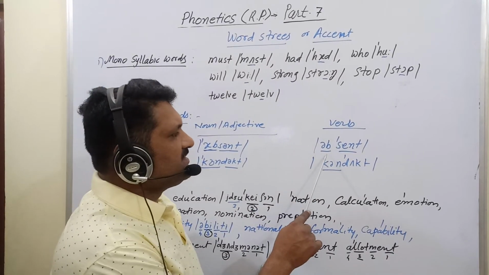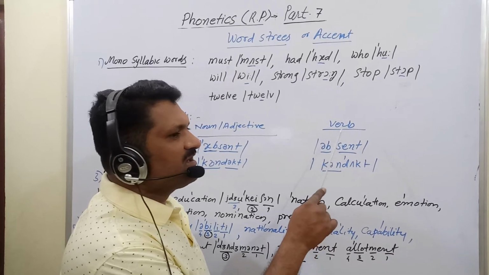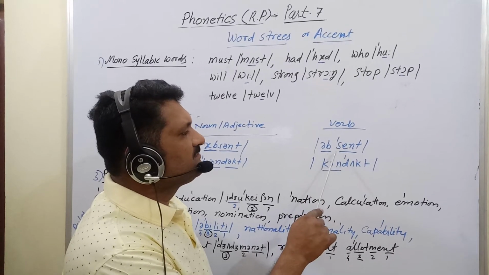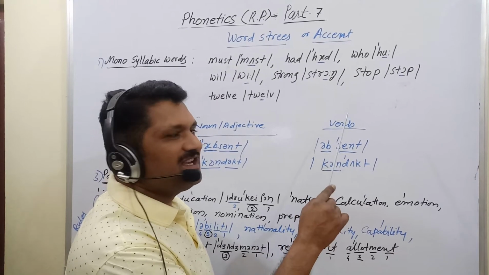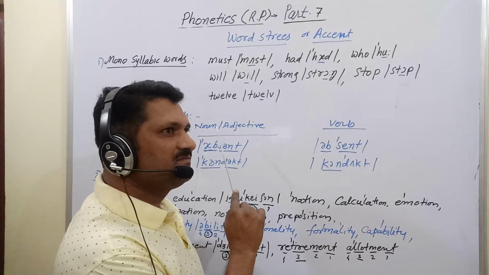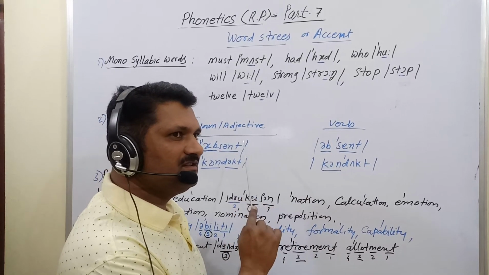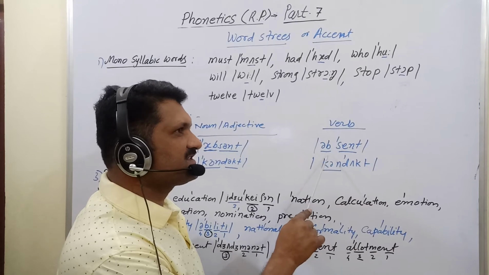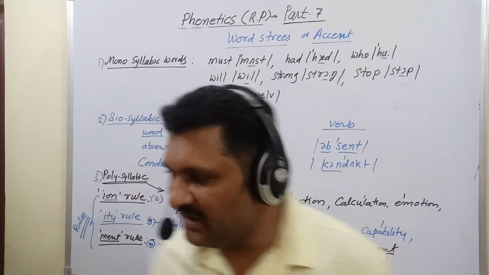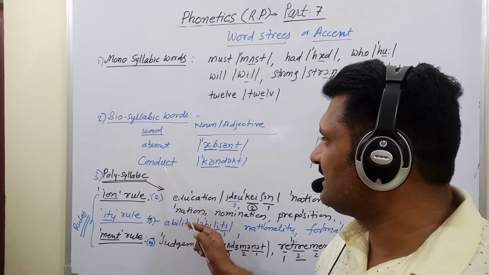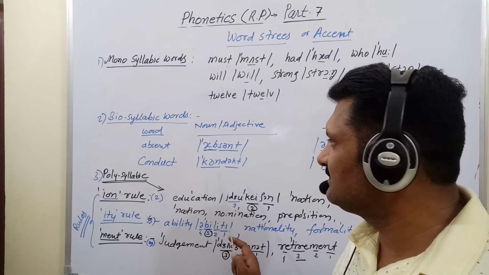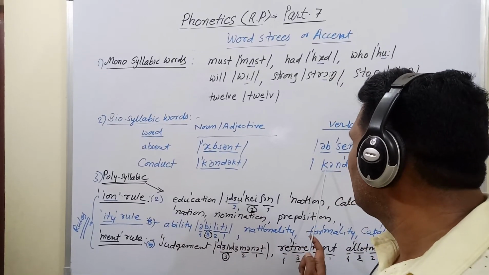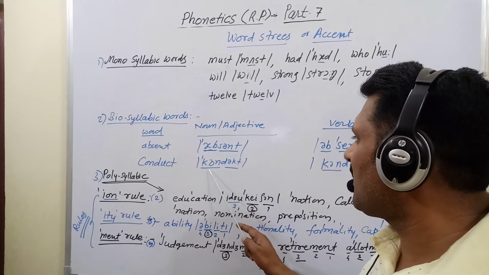So here the first syllable becomes weak and the second becomes strong. Here it is absent, and here absent. The same way the next one is conduct. Here conduct and here conduct.